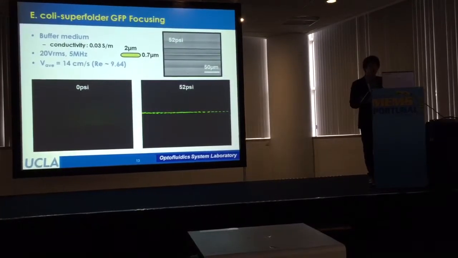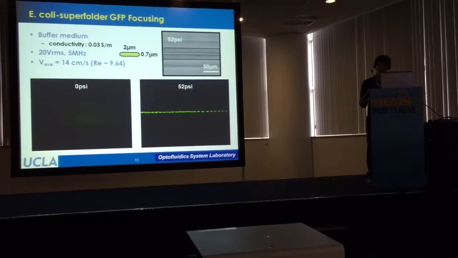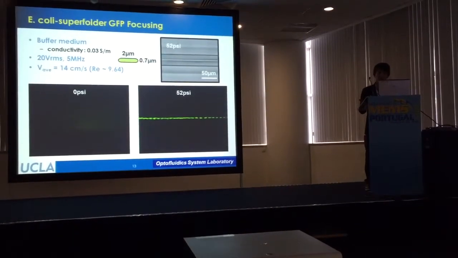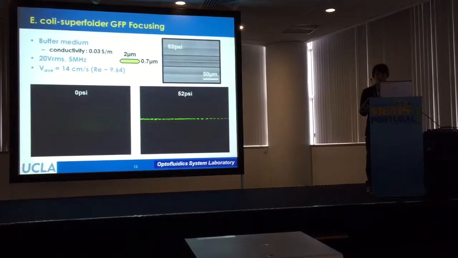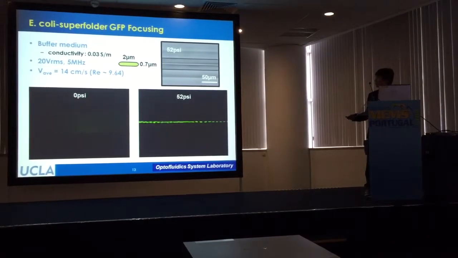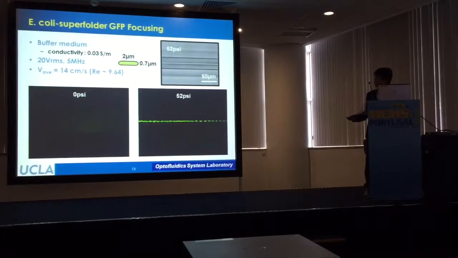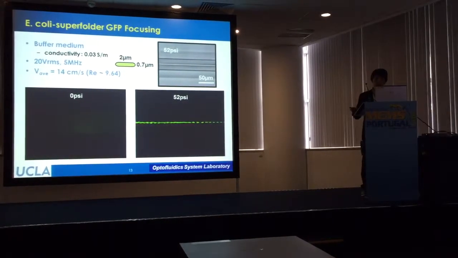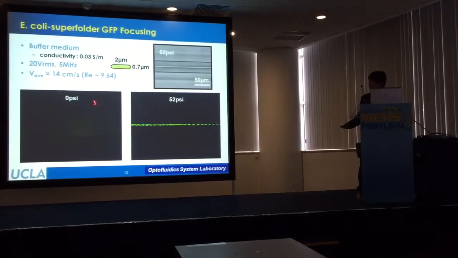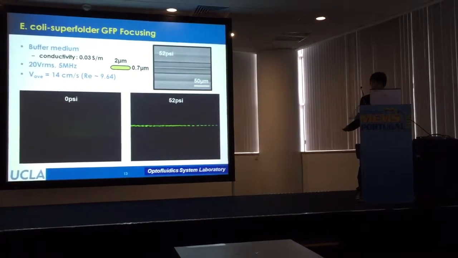So to demonstrate the tunable focusing, we keep the voltage and flow rate at the same level, but we change to much smaller cells. In this case, we use GFP E. coli with the size around 2 micrometers in length, 700 nanometers in diameter. Again, there is no focusing when no pressure is applied to the side channel.